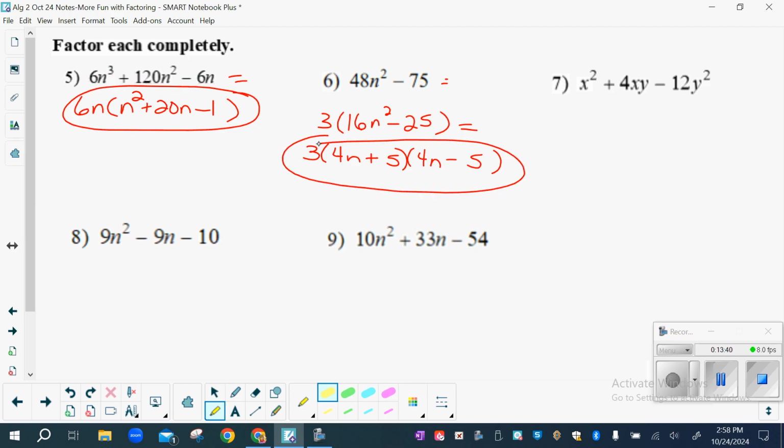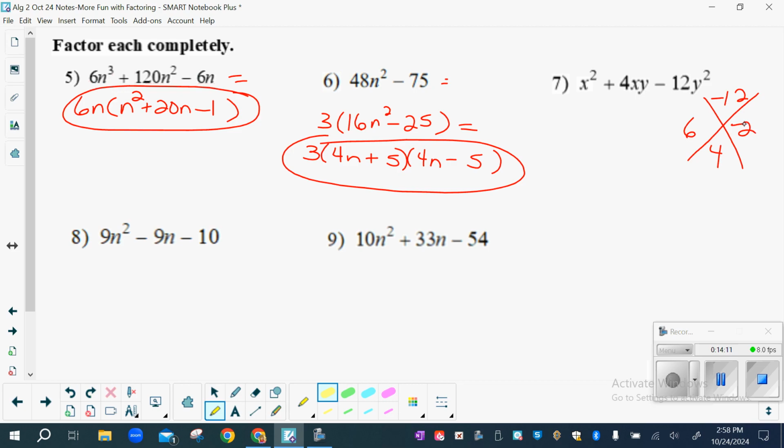Okay, number 7 looks hard, but it's not as hard as it looks. Temporarily, just ignore the y's altogether. So no coefficient in front of x squared. So we look at what multiplies to negative 12 that adds to 4. What numbers work there? What multiplies to negative 12 that adds to 4? What are the signs?